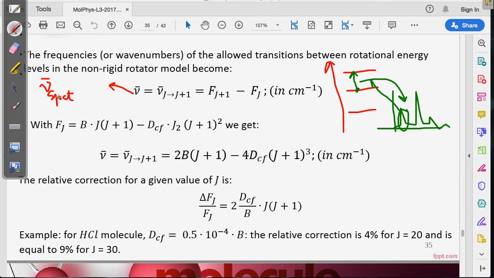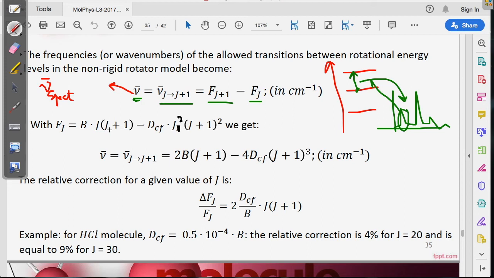So basically this nu bar spectra is what we see on the spectrum, the transition in absorption in this case from the levels corresponding to the energies J to the energy J+1. So it's F(J+1) minus FJ because it's final minus initial. Again I have this typo here. To write F(J+1), you replace J by J+1.